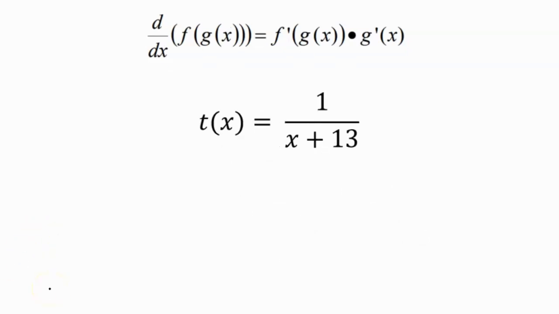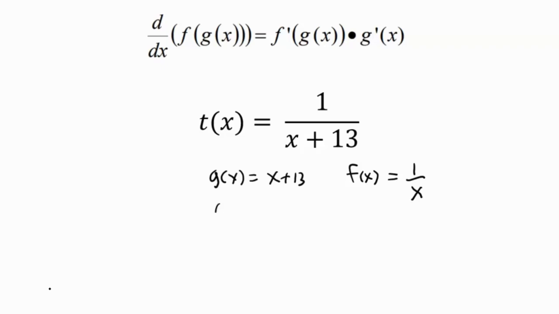Okay, in our last example, we have t of x is equal to 1 over x plus 13, and we want to find t prime using the chain rule. So it looks like the x plus 13 is going into 1 over x. So I'm going to assign g of x is equal to x plus 13, and my outer function would be 1 over x in this case.